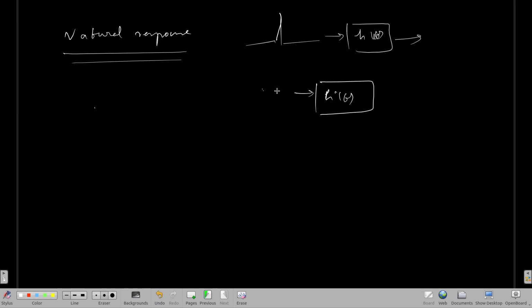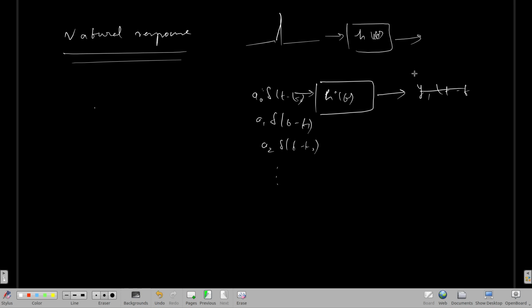These different inputs will be different impulses, weighted and shifted in different ways. What will I get? I'll get certain responses, certain impulse responses, right?